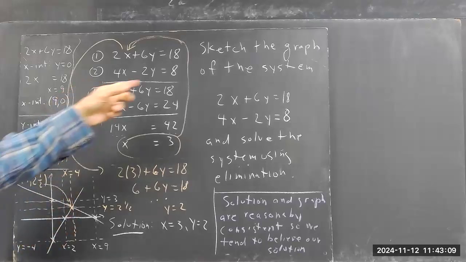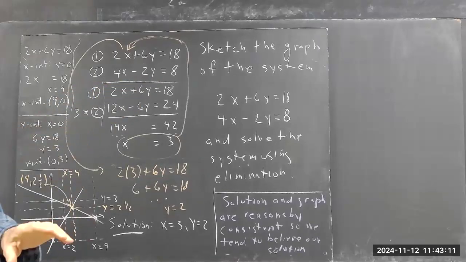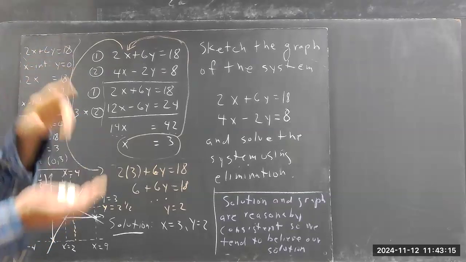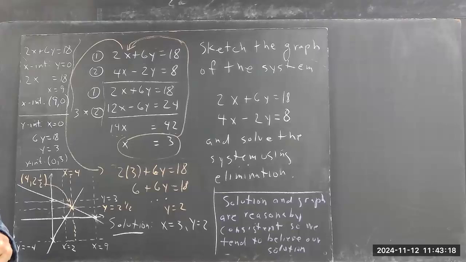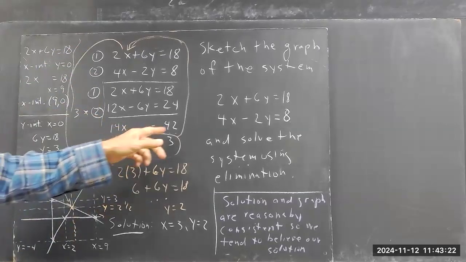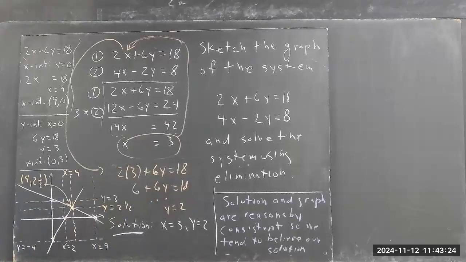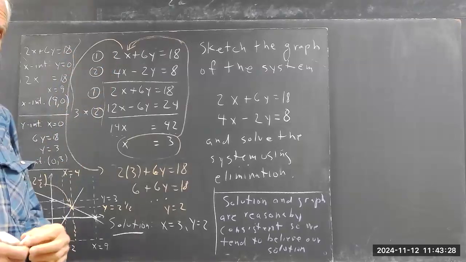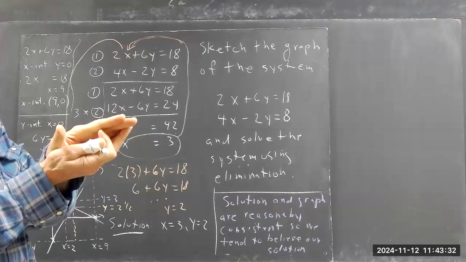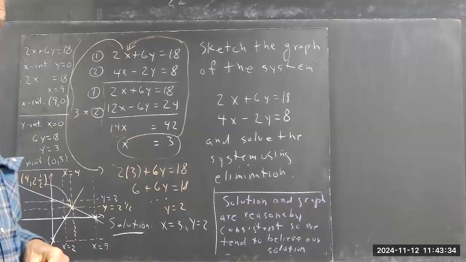But sometimes they get sneaky and you get two parallel lines. Either it's two different parallel lines if you get 0 equals something non-zero, or they're the same parallel line if you get 0 equals 0. When I say the same parallel line, it doesn't make a lot of sense, but they're the same line. And of course, the same line is parallel to itself.